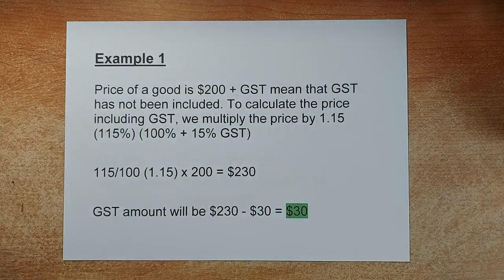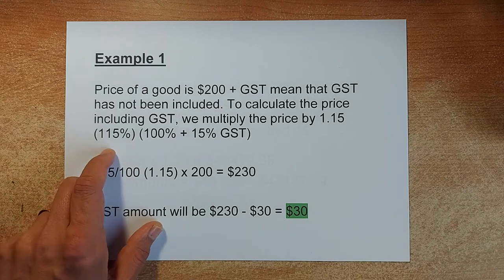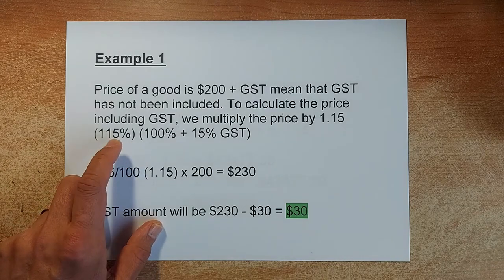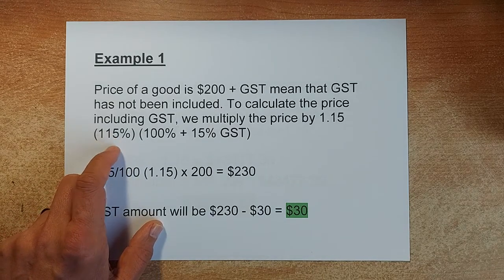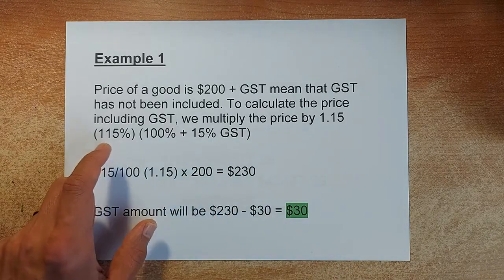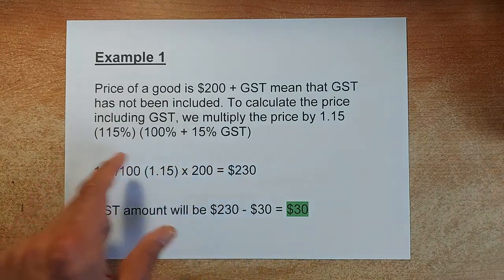First, the original price is 100%. If the price increases by 15%, because the tax is 15%, the total price is going to be 115%. Percent means out of 100, so 115 divided by 100 is how you get 1.15, because 100% plus 15% gives you 115%.